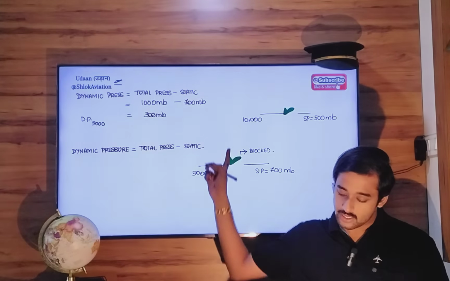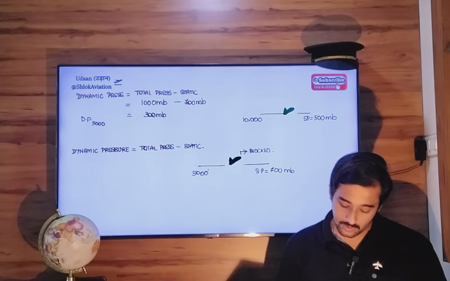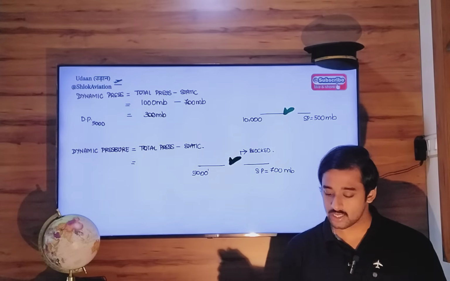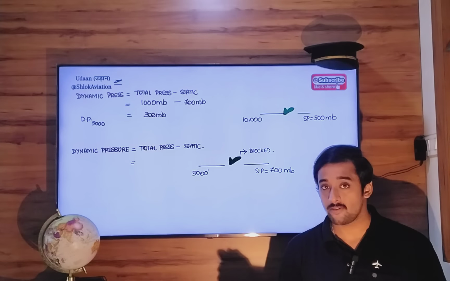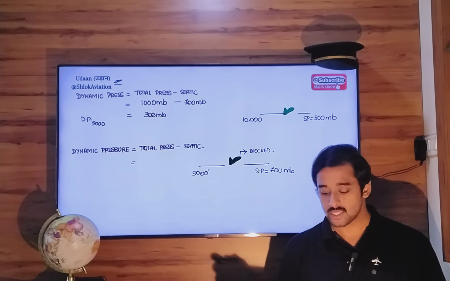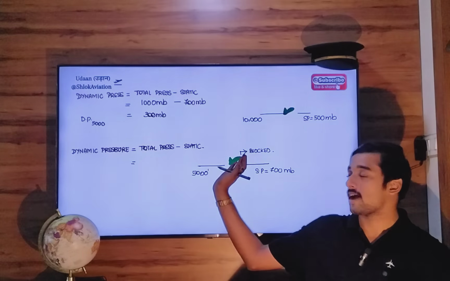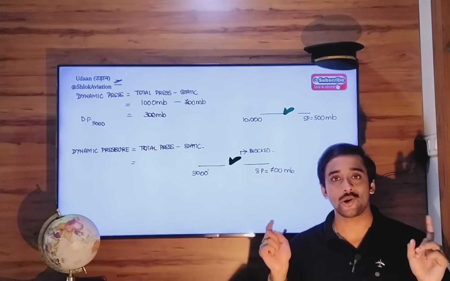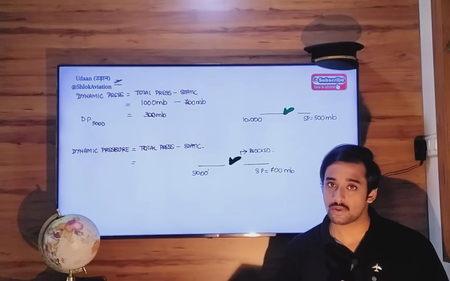Next, at 10,000 feet, static pressure should be 500 millibar, right? But since your static port is blocked at 5000 feet, the new static pressure outside your aircraft cannot enter the airspeed indicator.